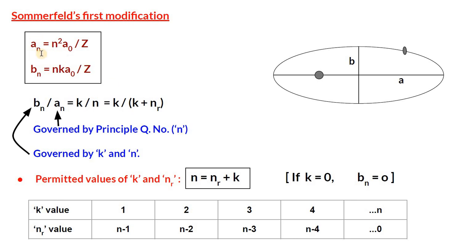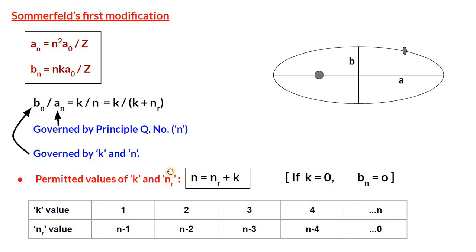Please see, An has only one variable, n, the rest are constants, but Bn has two variables, n and k, that is the principal quantum number and the azimuthal quantum number. That means the semi-major axis is governed by only one quantum number, the principal quantum number, but the semi-minor axis is governed by two quantum numbers, the principal quantum number and the azimuthal quantum number.